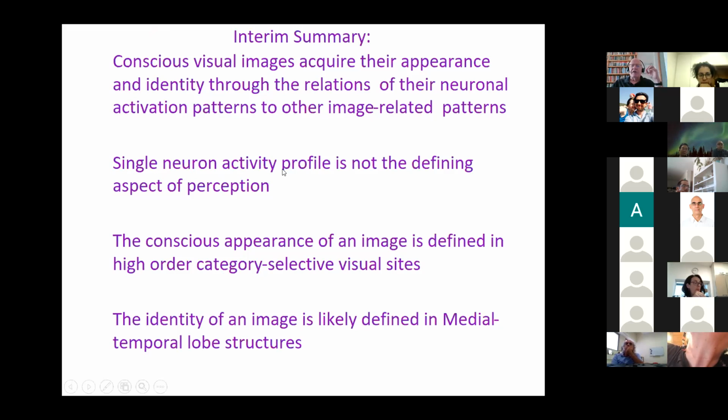So single neuron activity profile, something we were studying and focused on for years, actually is not the defining aspect of perception. Of course, it is very important as a part of the generation of the pattern, but what really matters is the relationship of patterns of activation, not even the multivariate pattern of activation itself.